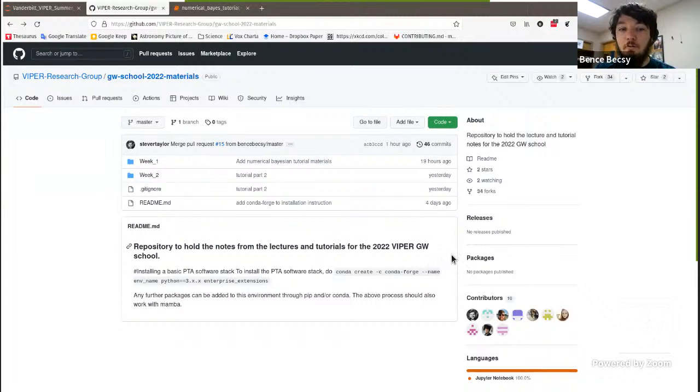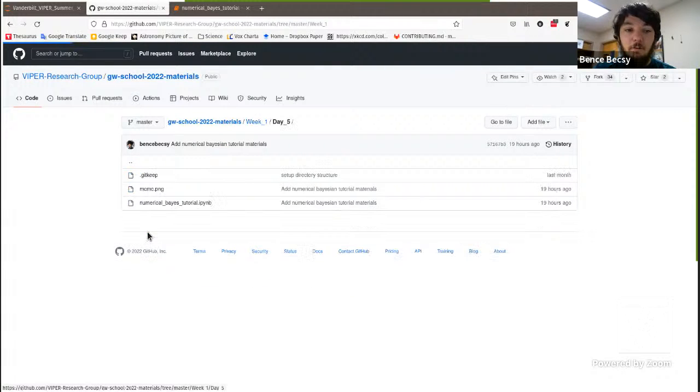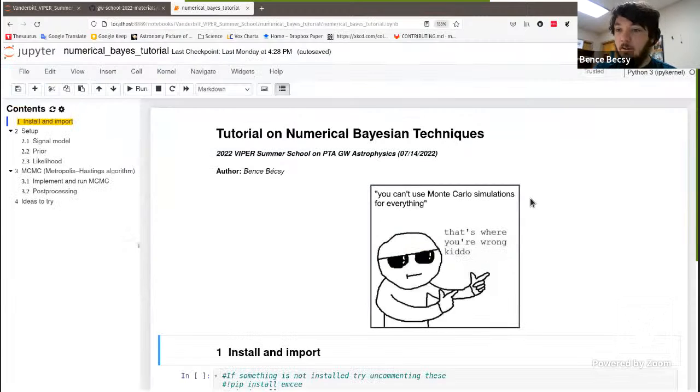So if you want to follow along, you can go to week 1 and day 1. You can download this folder or the notebook itself. And yeah, so I have a little name here, encouraging everyone to think about Monte Carlo methods and how they can be used for practically anything. So it's just a little motivation.